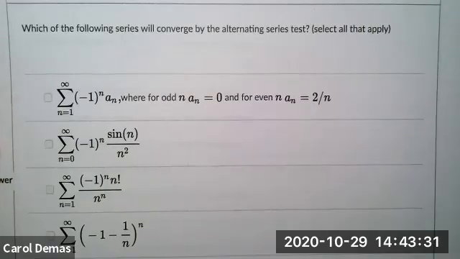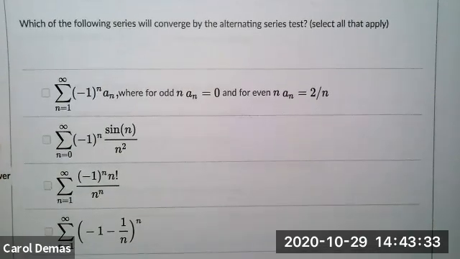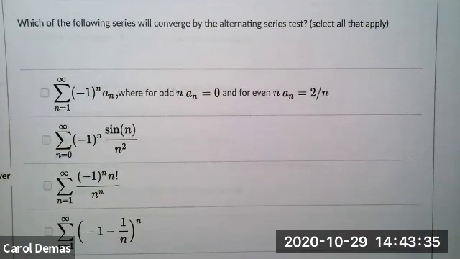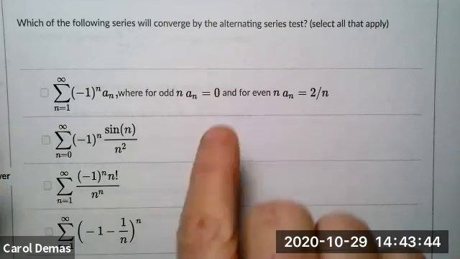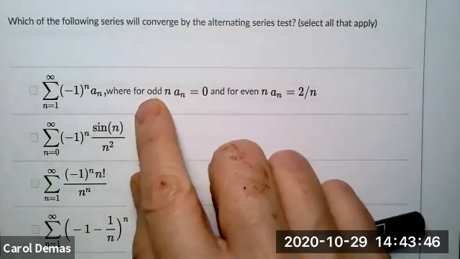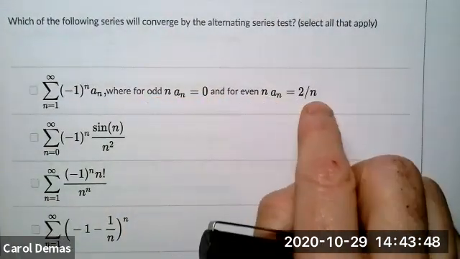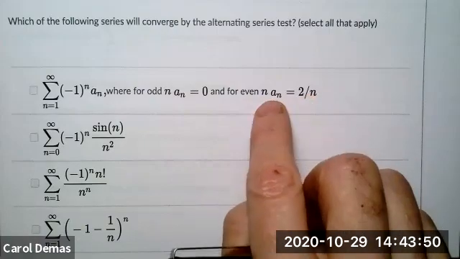Okay, which of these will work for the alternating series test? Here he's saying a_n is 0 when n is odd, and a_n is 2 over n when n is even.